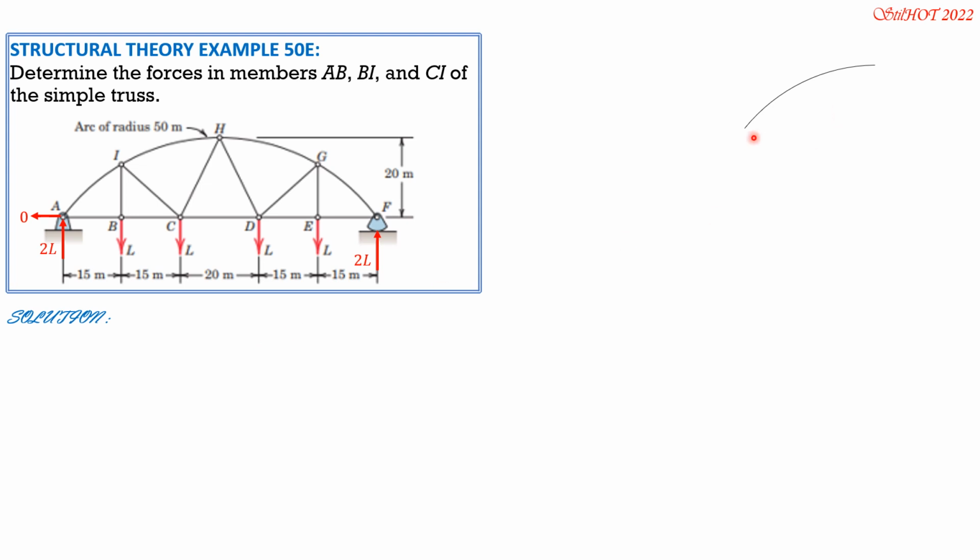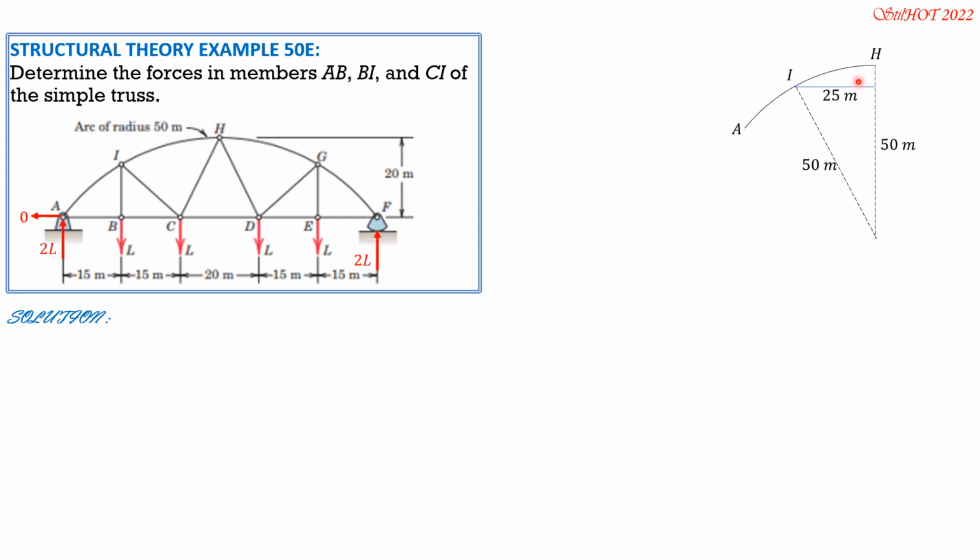So this is point A, I, and H. The center of curvature is here. The radius is 50. The horizontal distance between I and H is 15 plus half of 20, 10, so 25 meters.